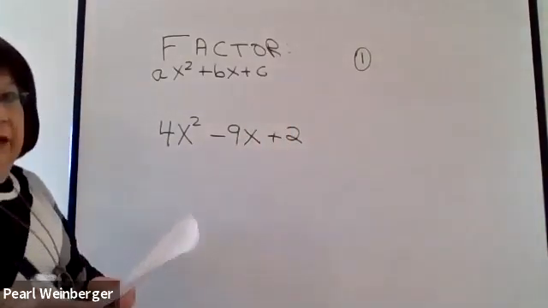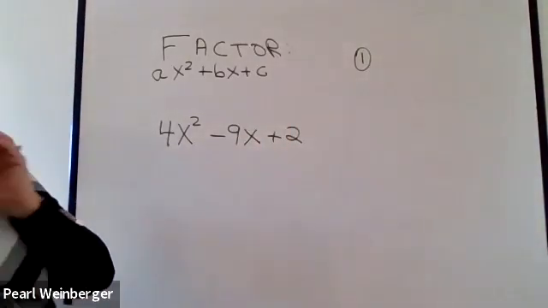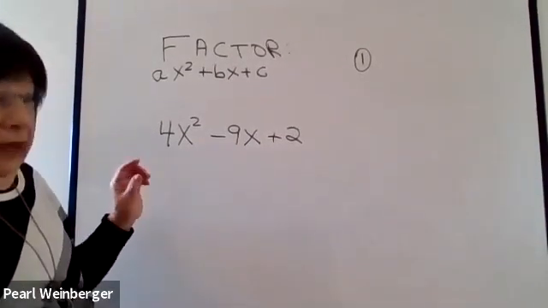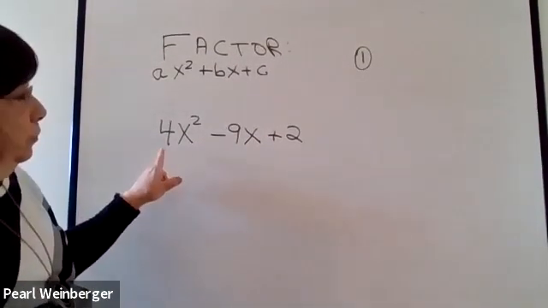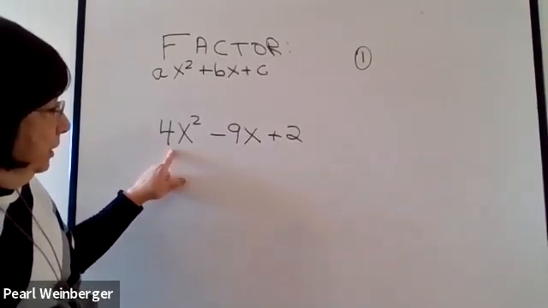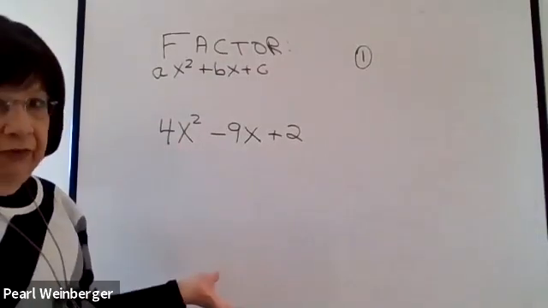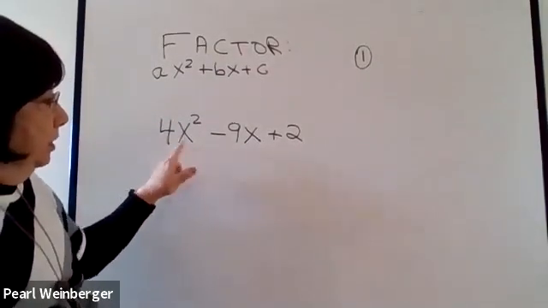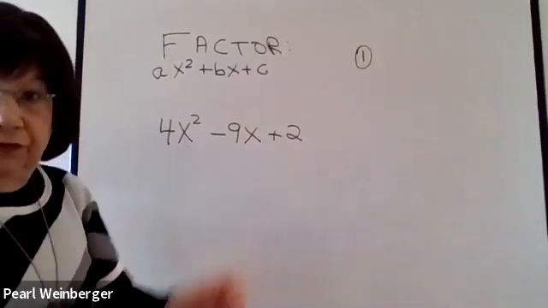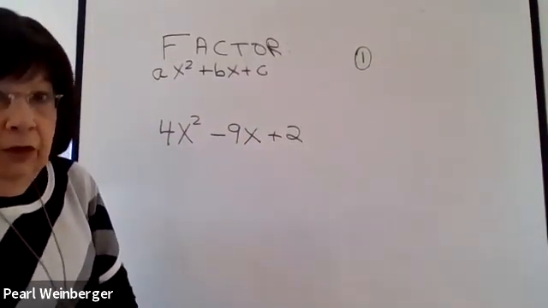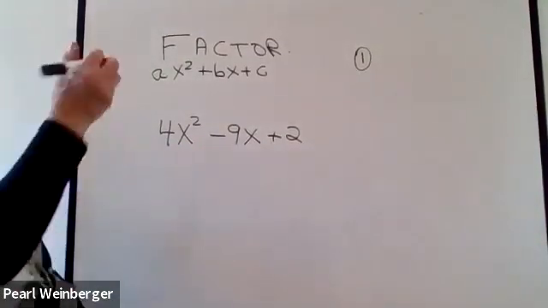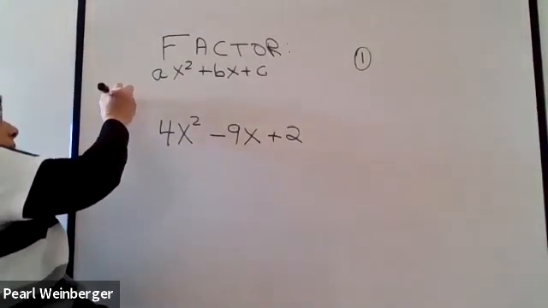What if I was asked to factor this trinomial? Okay, now listen carefully. First of all, I look, is there a common factor? Well, there's a 4 here and a 9, so there's no common factor there. And only the first two have x's, so there's no common factor for the whole thing. So since it's a trinomial, we want to try our AC method.